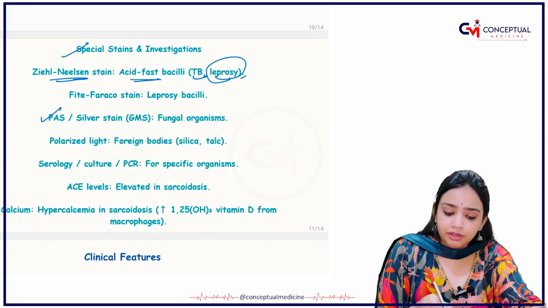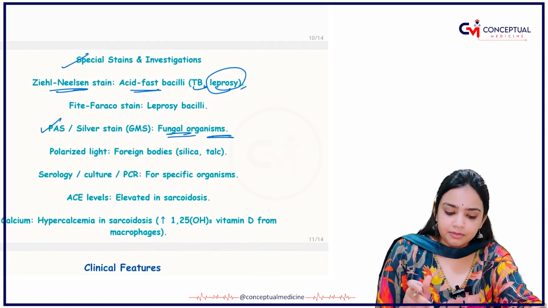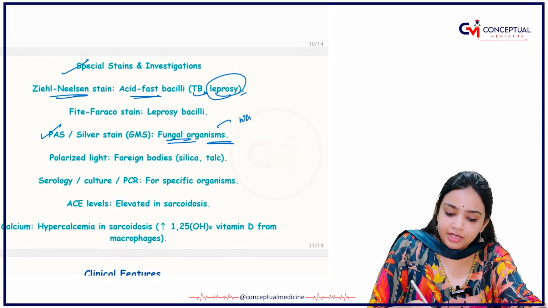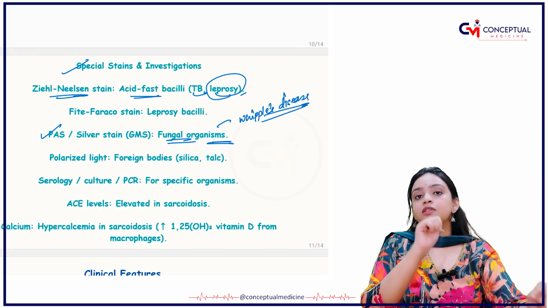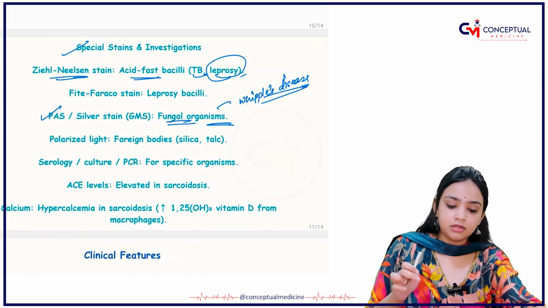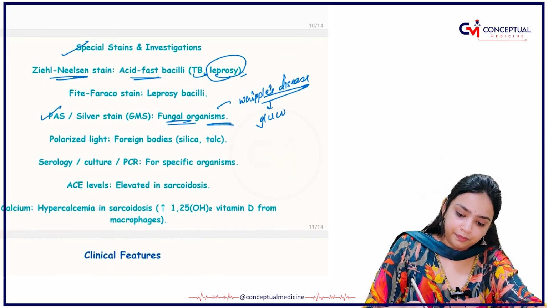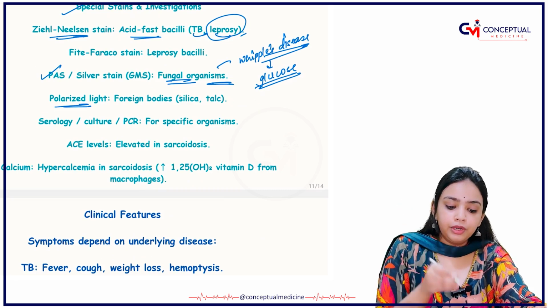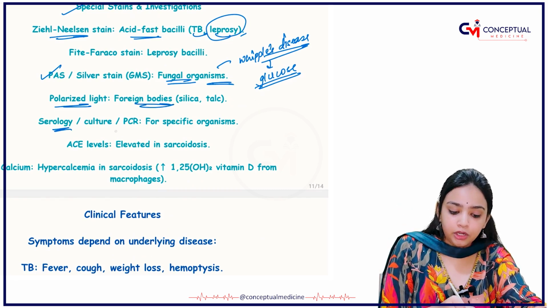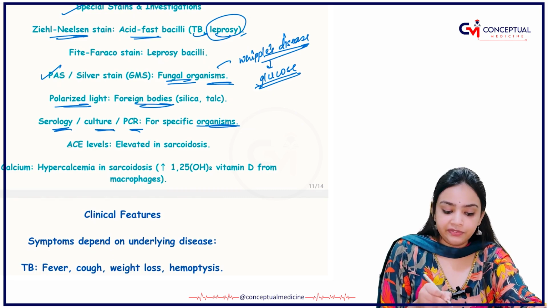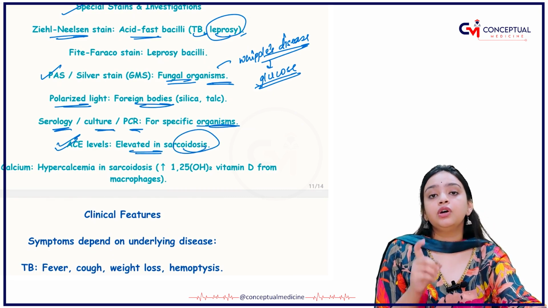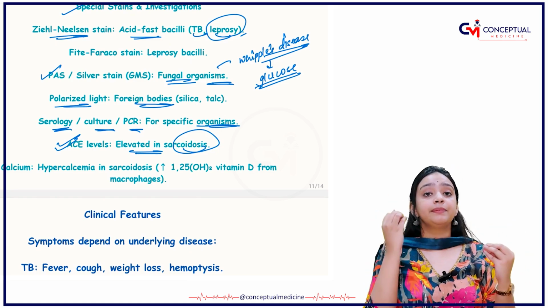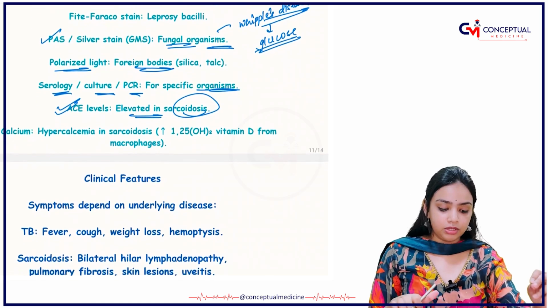Then, PAS positive for fungal organisms. You use polarized light for foreign bodies, serology, culture and PCR for specific organisms. Then you see the ACE levels that are elevated in sarcoidosis.